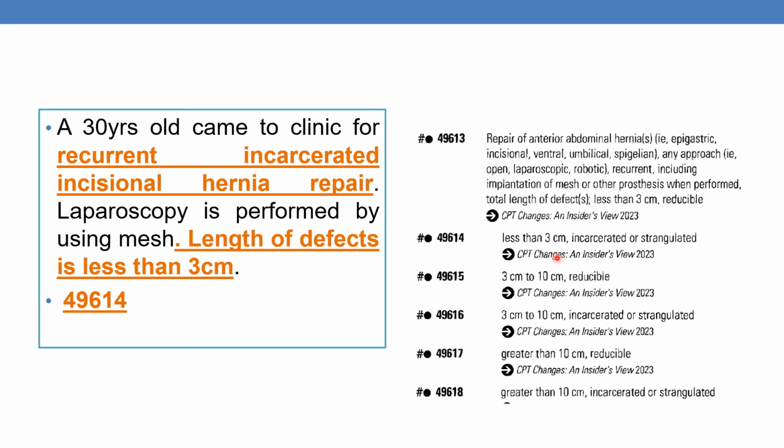So under it, and the length of the defect is less than 3 centimeters, the correct CPT is 49614. Repair of anterior incisional hernia, recurrent, and the length of the defect is less than 3 centimeters, incarcerated or strangulated. Here it is incarcerated. So the correct CPT is 49614.